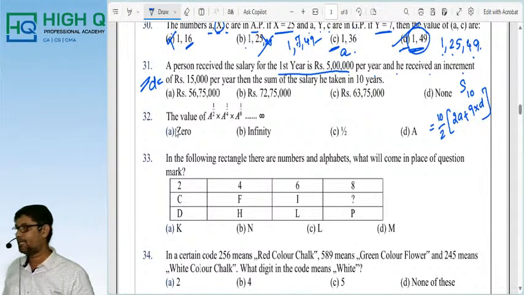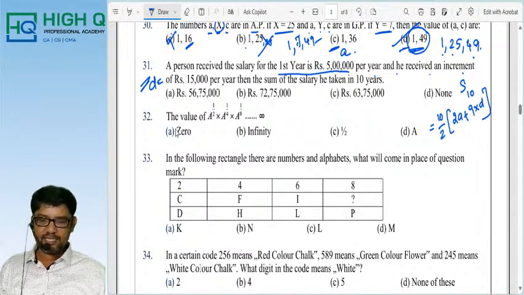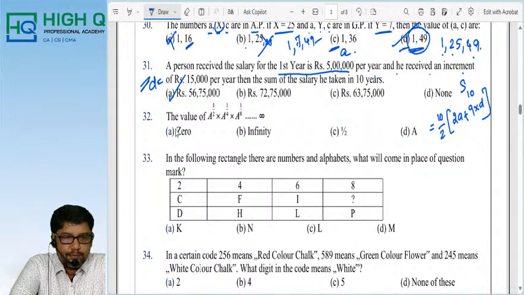A is 5 lakh. D is 15,000. Substitute and get the answer. 10 lakh plus 1 lakh 35,000. 11 lakh 35,000 into 5. I may get 56 lakh 75,000. Correct?